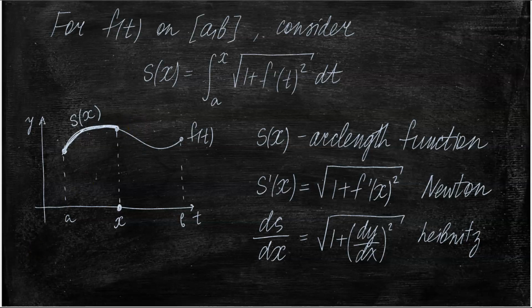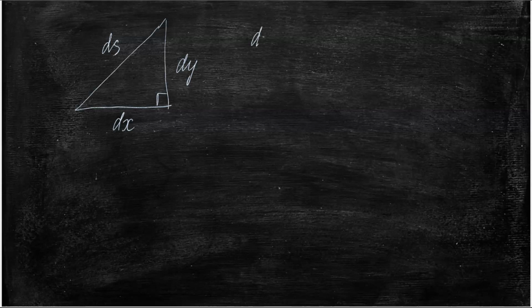And the idea is that we want to be able to imagine the following picture when talking about arc length. We're gonna have dx, dy, and ds, which naturally form a right triangle, and ds in here is equal to this.